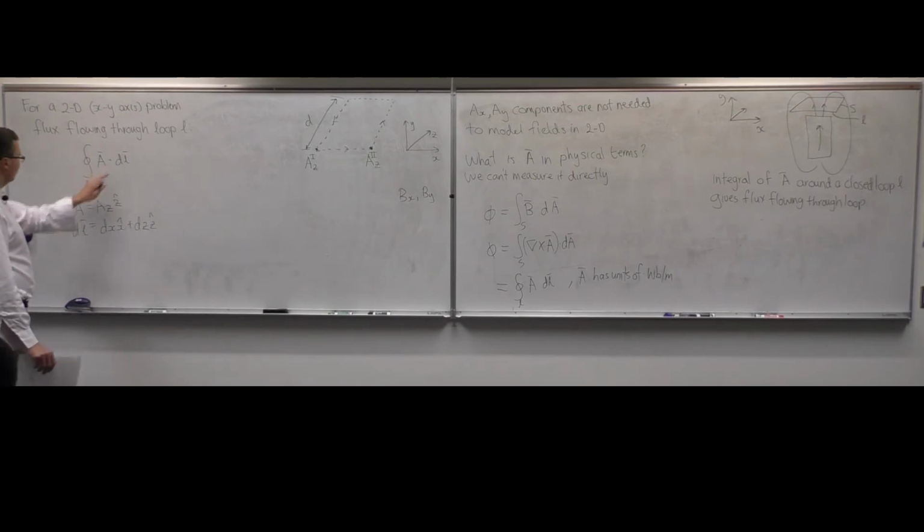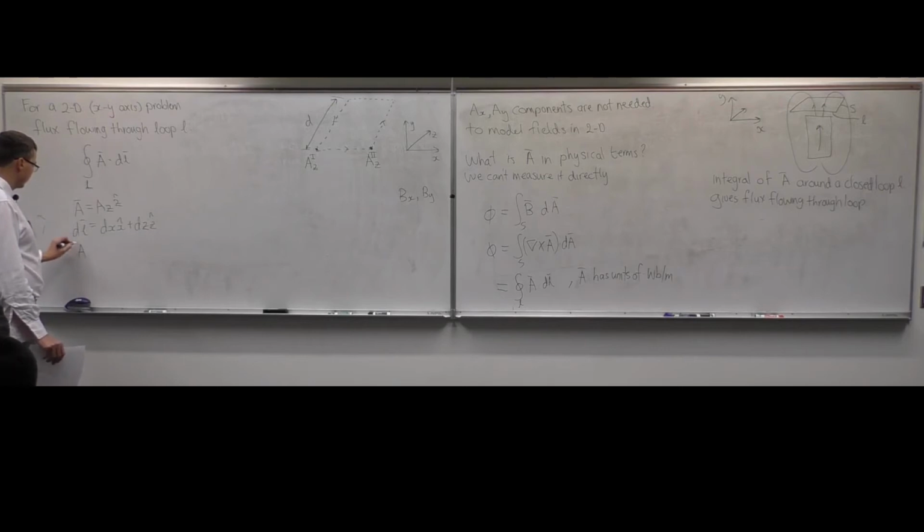So if we evaluate the dot product of these two vectors, because there's no Z term in DL's X part and no X term in A, Z dot X is equal to 0, right?